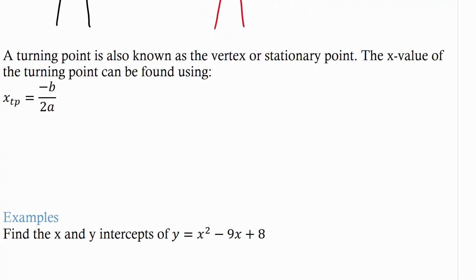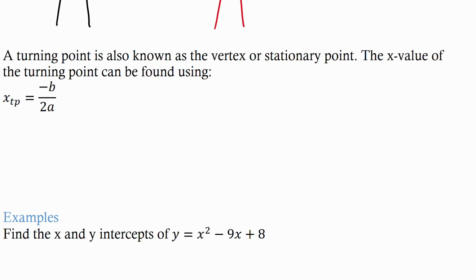So the turning point that we were talking about is also known as the vertex, or later on you'll commonly refer to it as a stationary point. The x value of the turning point is usually found by using the following formula, and you'll notice it's just part of your quadratic formula. It's the front part. So x_tp equals -b over 2a.